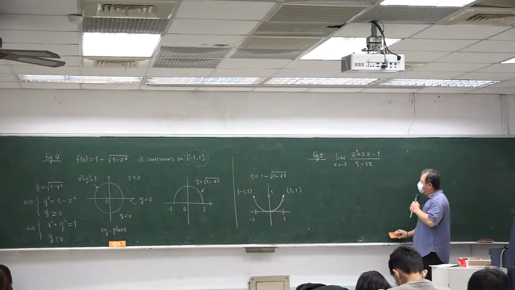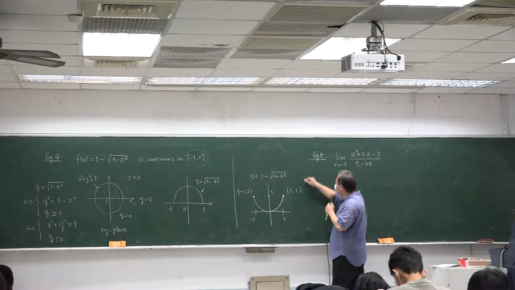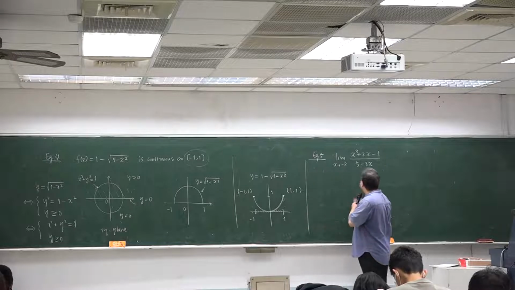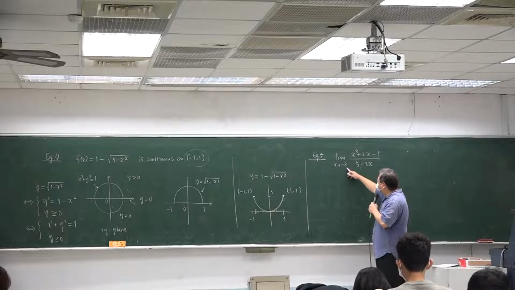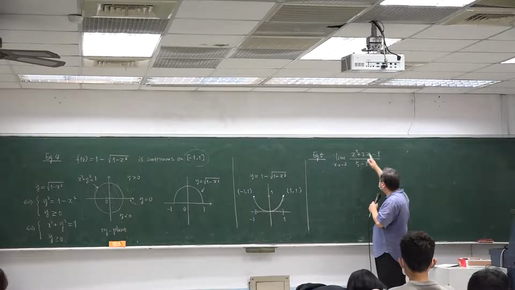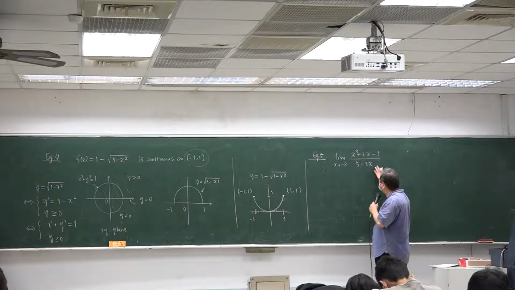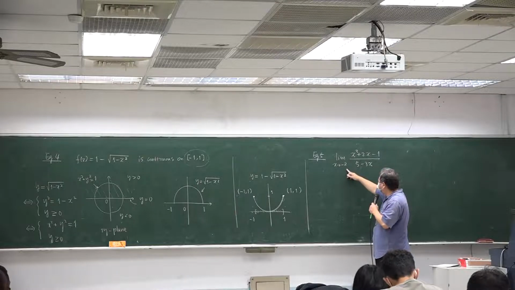But now we have another explanation. Since this is a rational function, if this point is in the domain of this function, then this function is continuous here.